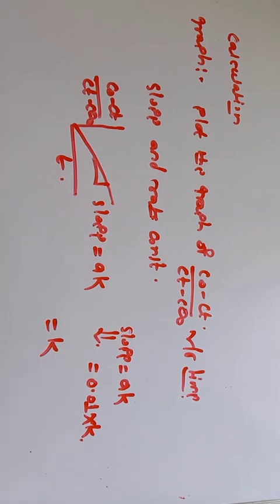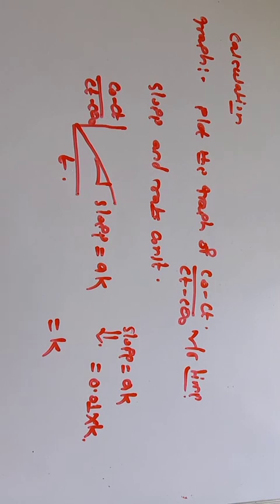By calculation and by graph we can find the value of K, and finally you have to write the result, K by calculation and K by graph, with the unit of this second order rate constant, which is liter per mole per minute.